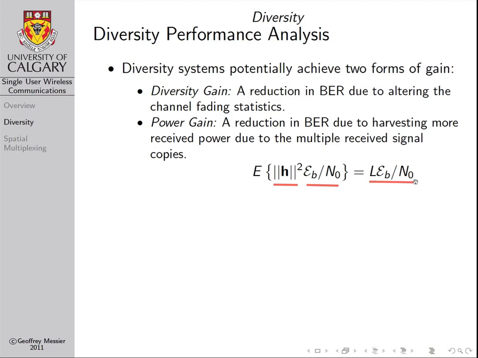So we've normalized all of our individual terms in that channel vector to be equal to 1. And when we take the squared norm, we essentially add up all those variances and we get L. So we get L times the received signal power due to the L copies over the different diversity paths. And that makes sense, right? L copies of the received signal, we would expect to get more power.